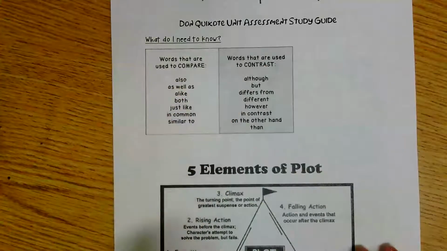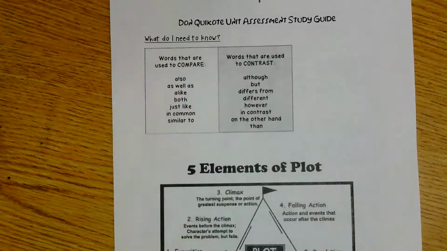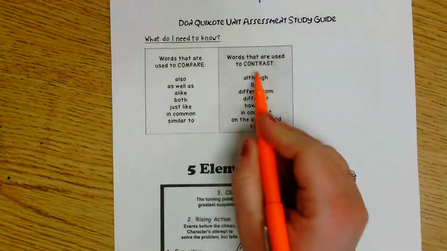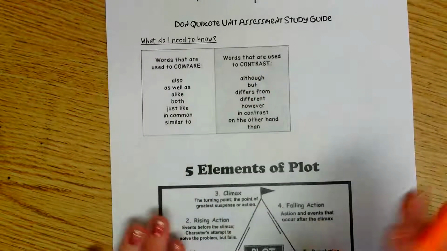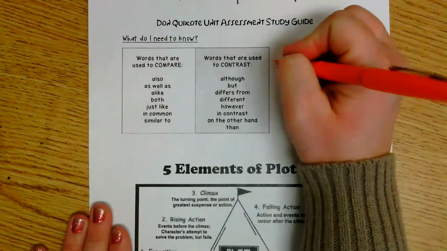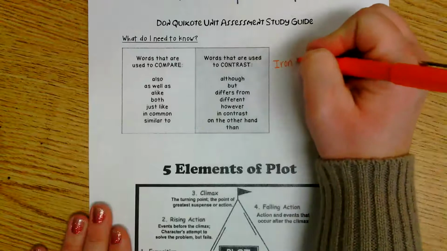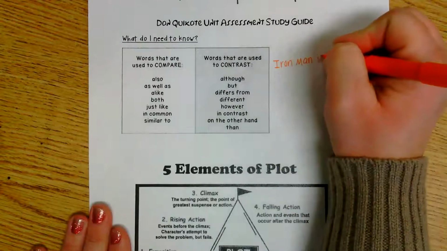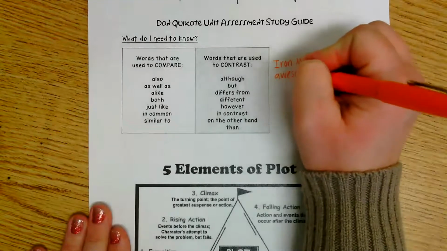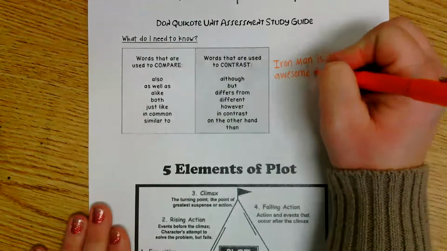So let me give you an example of what I meant, where you may have to use two sentences to compare and contrast. I'm going to use the phrase on the other hand, which is to contrast. So I might say, Iron Man is an awesome Avenger.